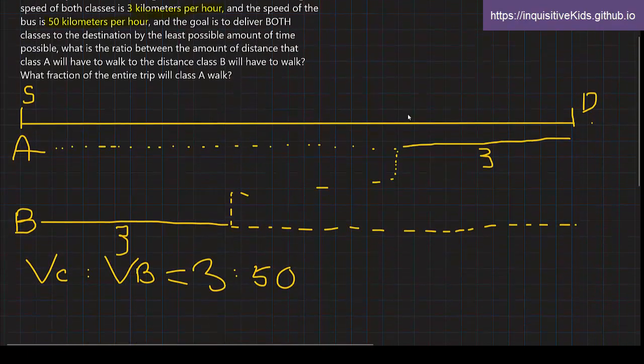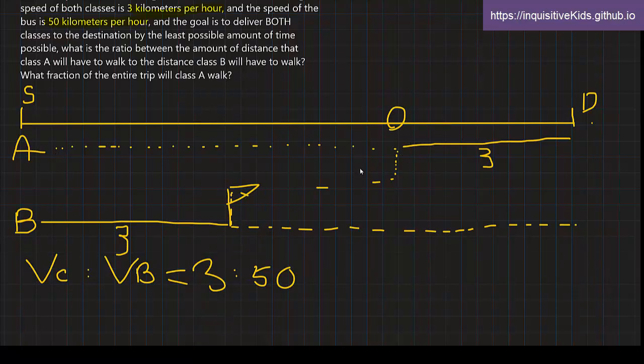When B was walking from here to this little flag I'm going to make, what was the bus doing? The bus was first carrying A all the way to this dot right here, and then going back. So this entire process is going to be 50, right? For every 3 units of distance that class B walks, the bus will have traveled 50 units of distance.